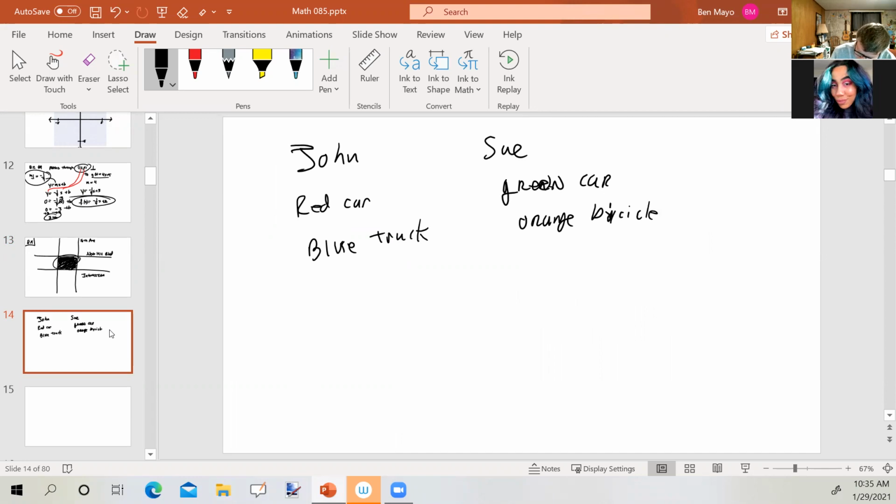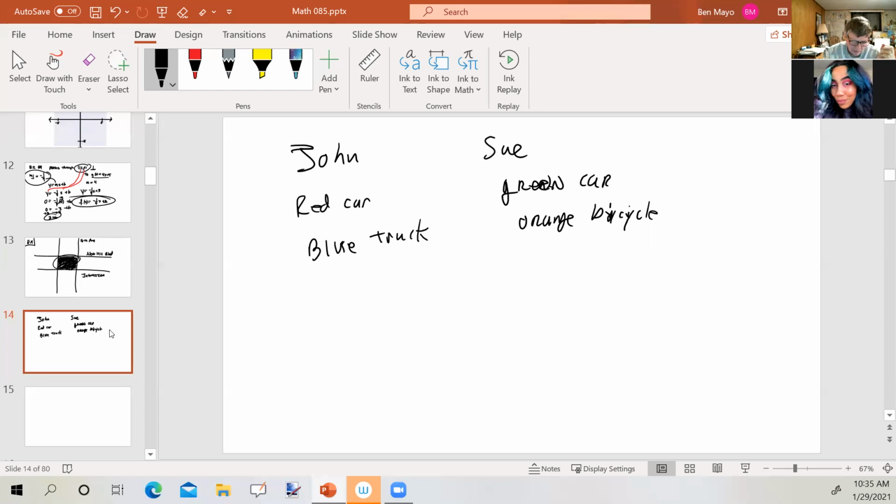If they get married, what do they have? They have a red car, a blue truck, a green car, and an orange bicycle. So if they form a union, all of his stuff and all of her stuff become their stuff.